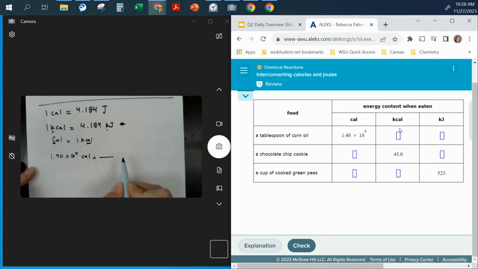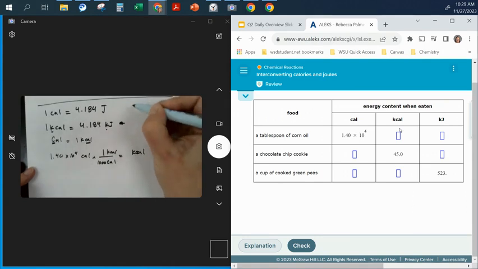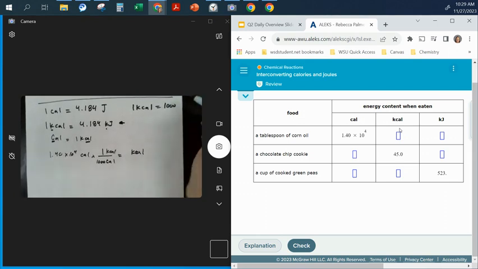I need to go to kilocalories. So I'm going to put kilocalories on top, so that I end up with kilocalories, and I put calories on the bottom. And I know that I have 1,000 calories for 1 kilocalorie. So that might be another one that I write down. So 1 kilocalorie is the same as 1,000 calories.